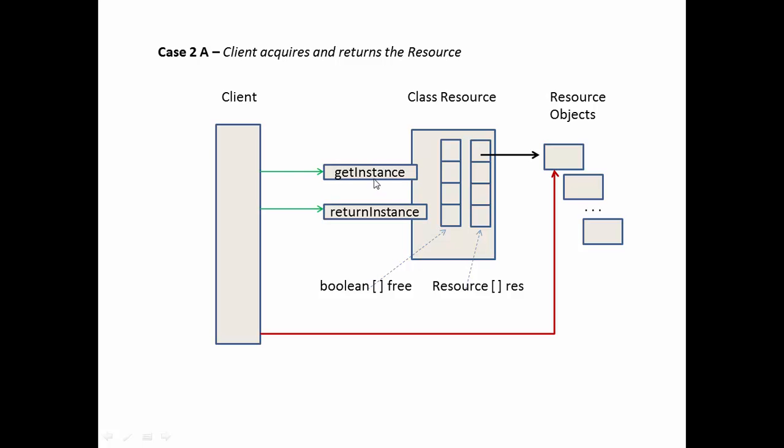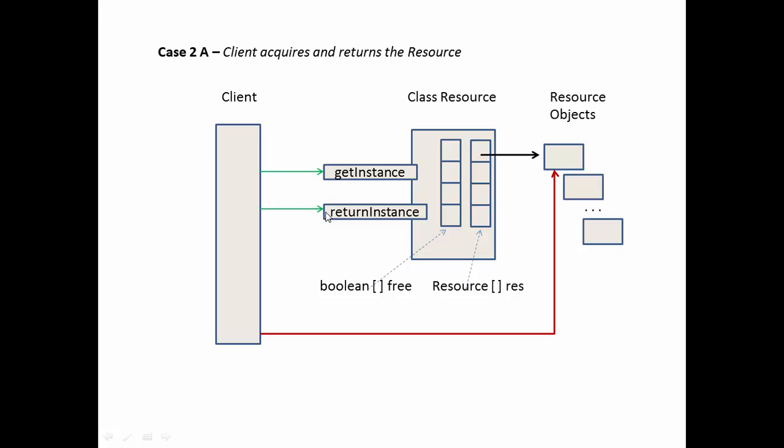We are going to see the code in a moment, but this is the get instance function, and here's the return instance function. So the client calls right here and says, could I have one of these things you're managing? The class resource returns to the client a reference to the object selected right here. So this represents the reference the client has to that particular resource.